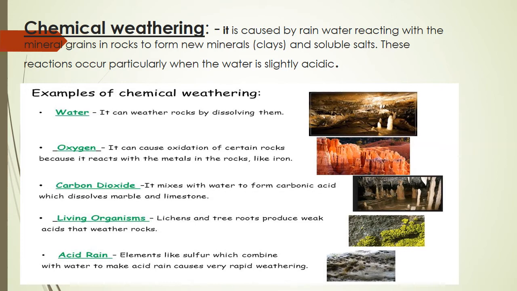An example of chemical weathering is water. It can weather rocks by dissolving them. Some minerals are easily soluble in water, so when they come into contact with rainwater, they start dissolving in it. Oxygen can cause oxidization of certain rocks because it reacts with metals in the rock like iron.